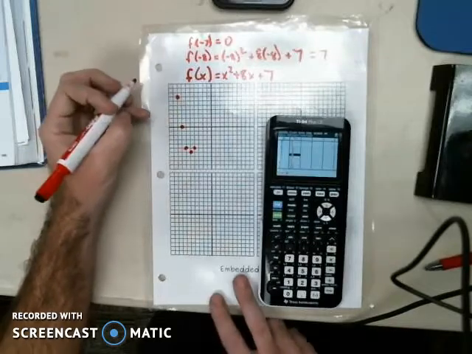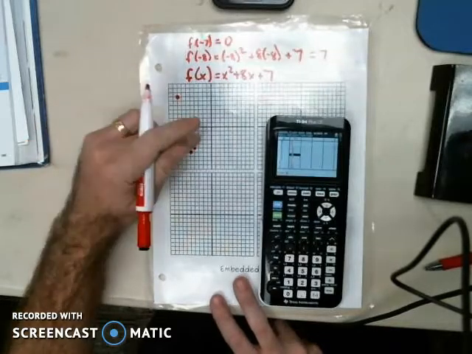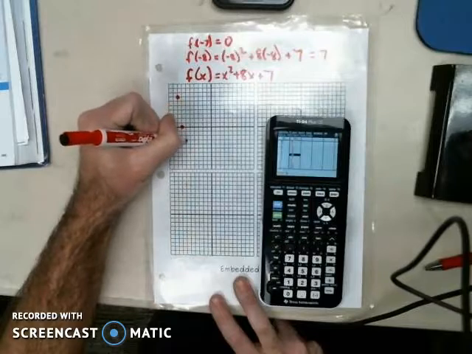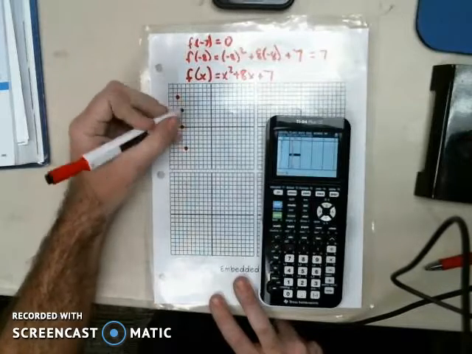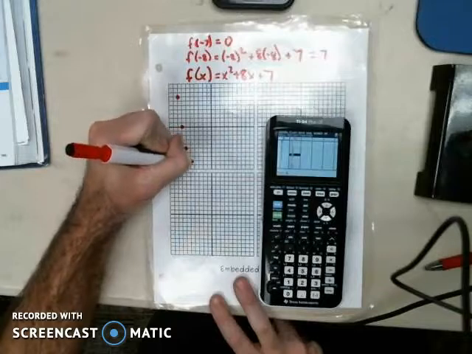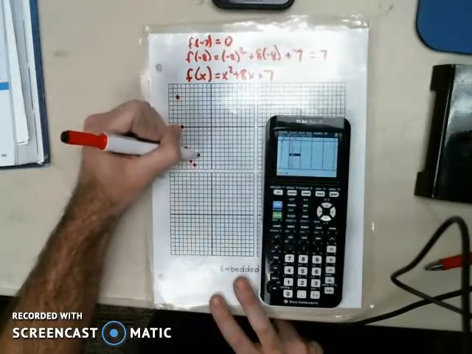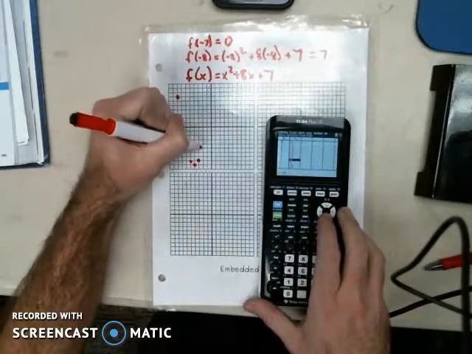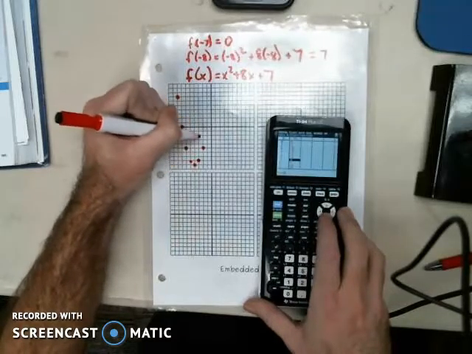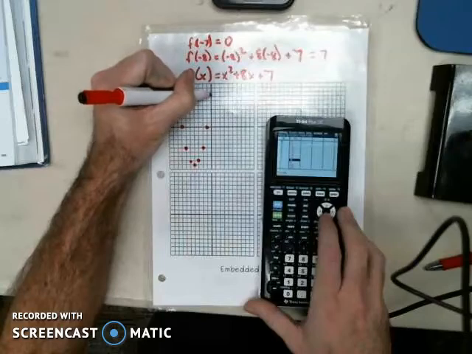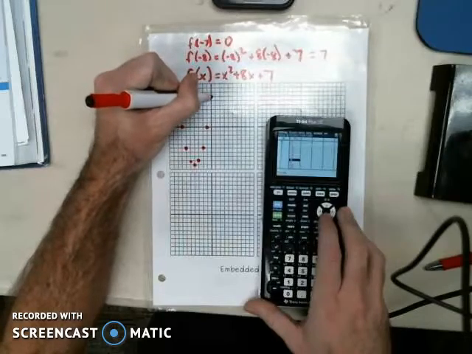Oh, I'm way off on these ones, aren't I? -5. 1, 2, 3, 4, 5. Had that one right. And then I went to 6, 7, 8, 9, and then back to -8, and then -5 again, and then we hit 0 right here, and then 0 goes along with 7.